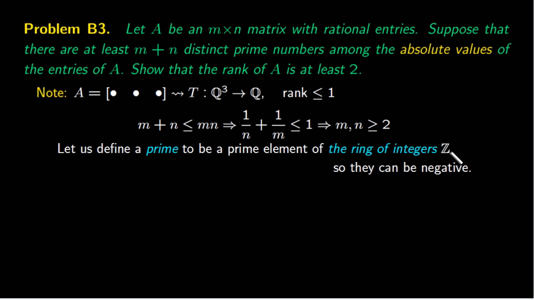Here in the integers, there's a positive 1 and negative 1, and those are the only multiplicative units, something that has a multiplicative inverse. So we will treat negative 3 and negative 11 as prime elements, or simply say prime, so that I don't have to worry about this absolute values thing.